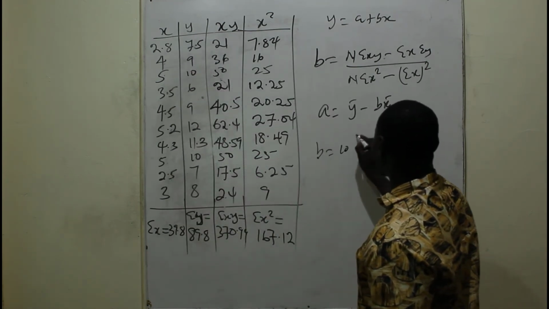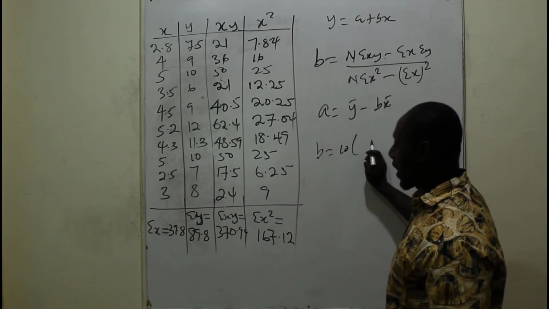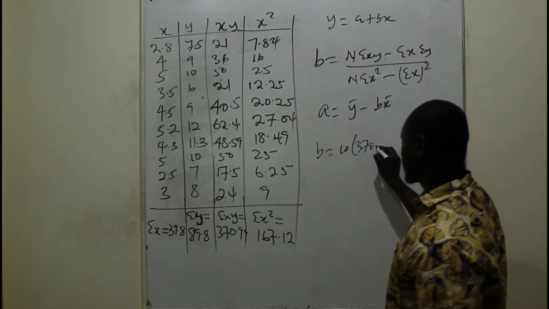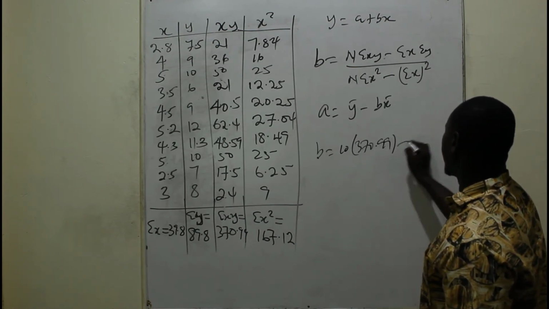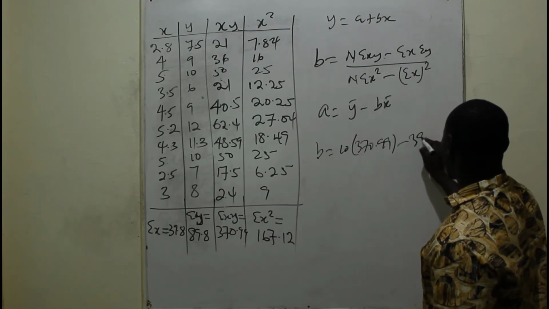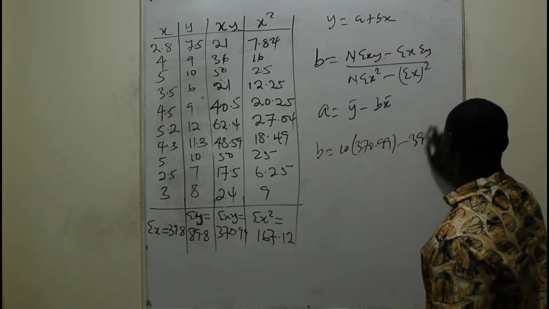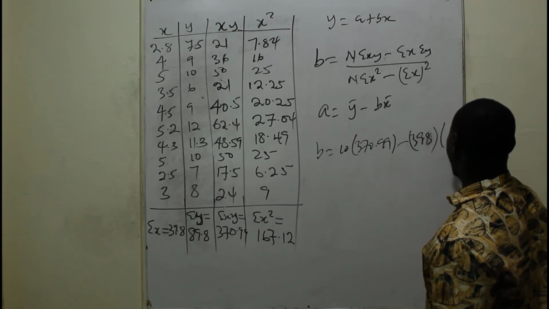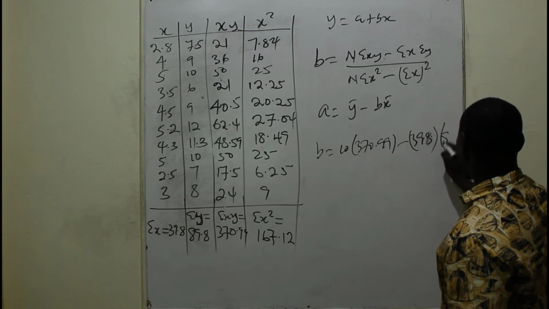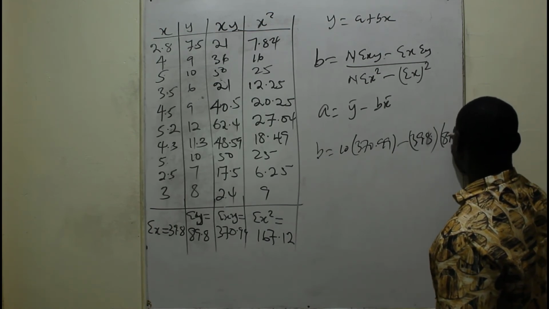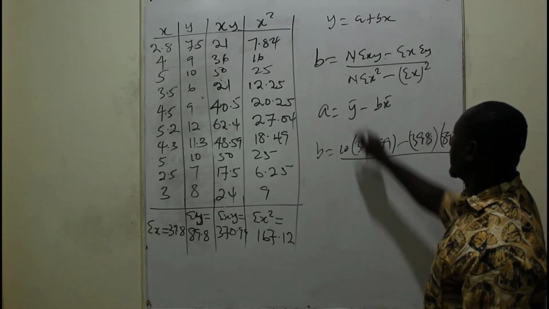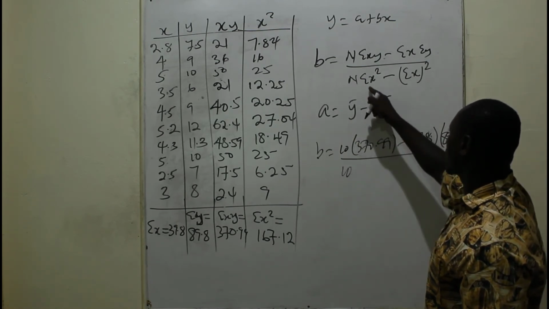So 10 times summation of xy, which is 370.99, minus summation of x, which is 39.8, times summation of y, which is also 89.8, divided by n times summation of x squared.